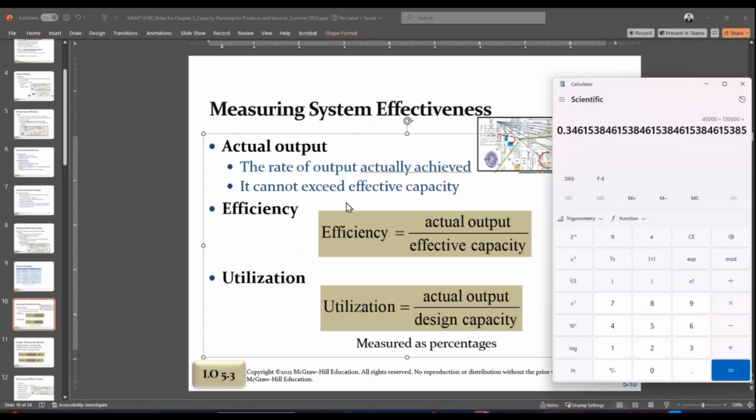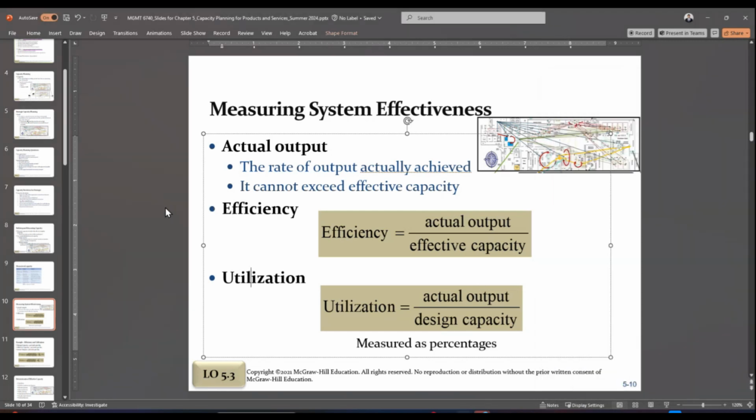And similarly for efficiency, like I said, if I'm expecting a monthly demand of 50,000 cutters, even though my design capacity is 130,000, my effective capacity is what I'm planning for production keeping 50,000 in mind. If my actual output was 45,000 cutters divided by the effective capacity of 50,000, it equals 90%.